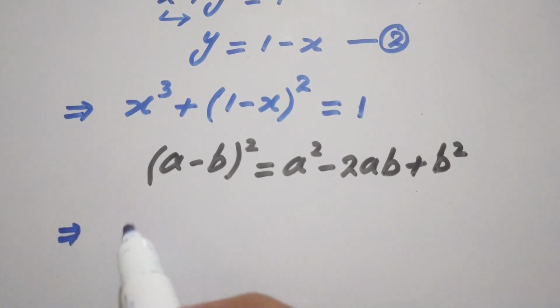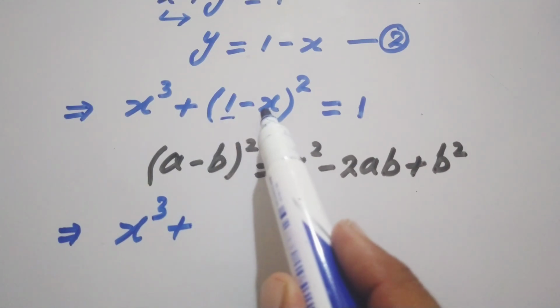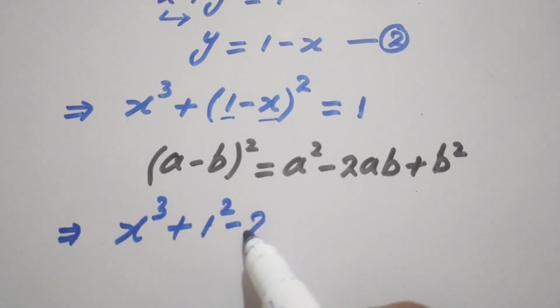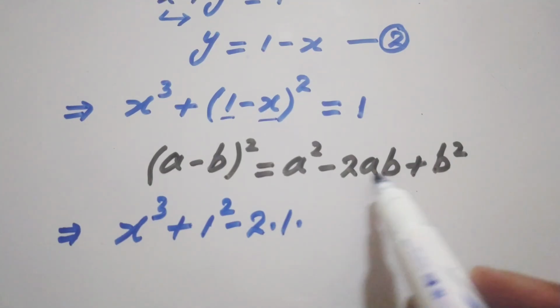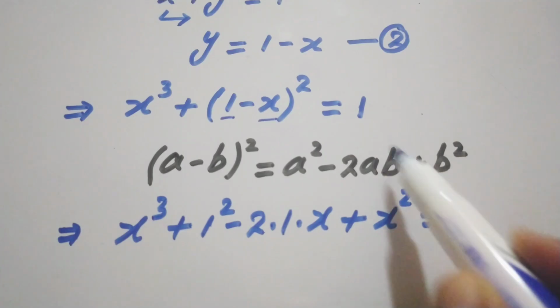Here this is a and this is b, so we will use this identity: 1 squared minus 2 into 1 into x plus x squared is equal to 1.